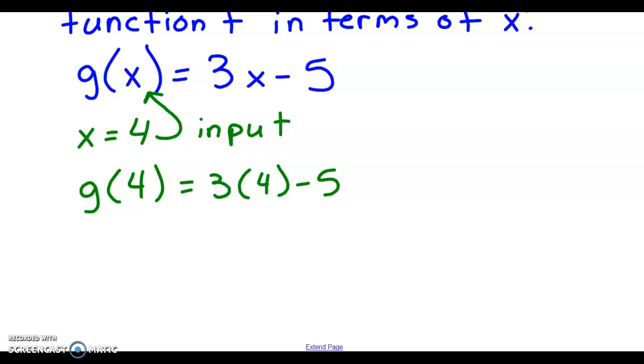Okay, so one of the big mistakes, or misunderstandings, that we end up seeing a lot is that people think this has something to do with g times 4, because we're used to seeing multiplication like that, some number outside of parentheses. I understand that confusion. That's not what's happening. So this is not g times 4.